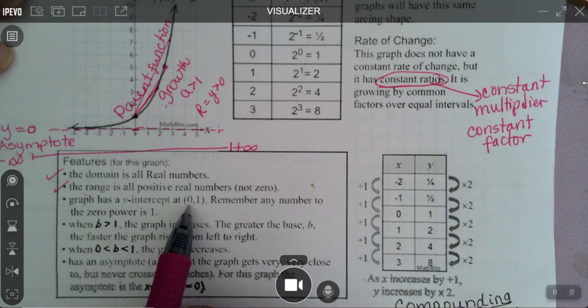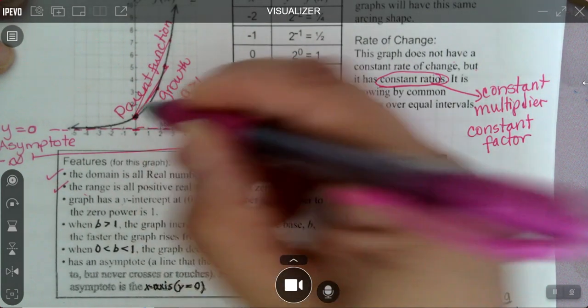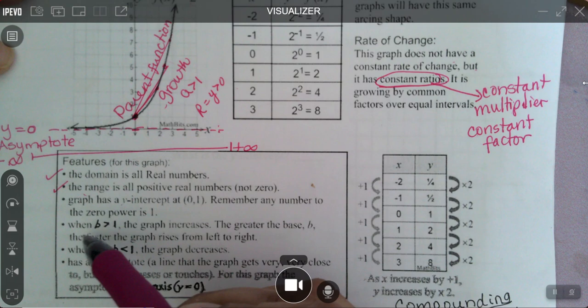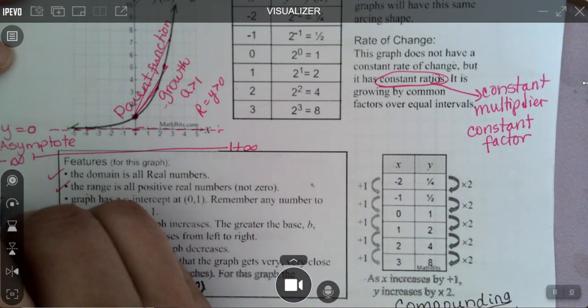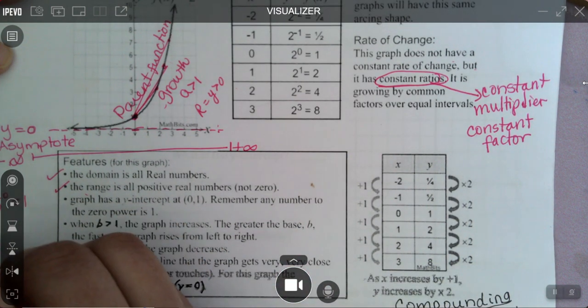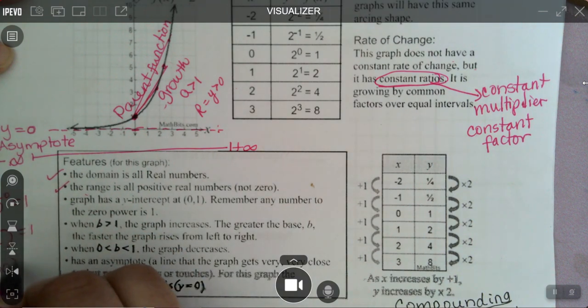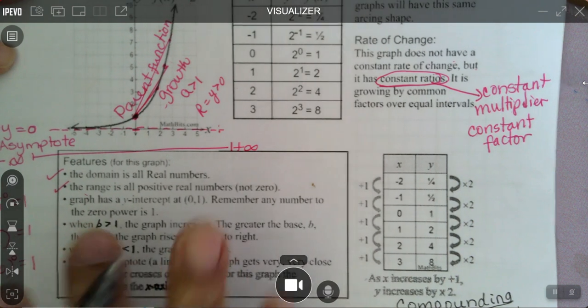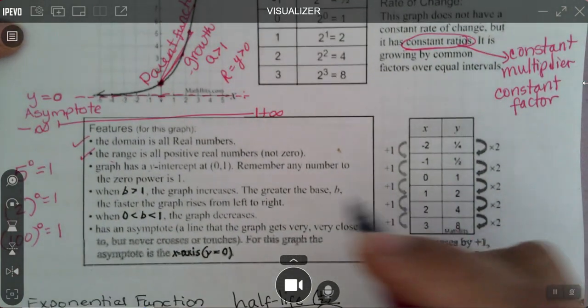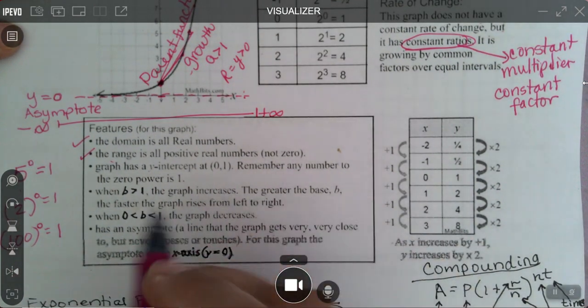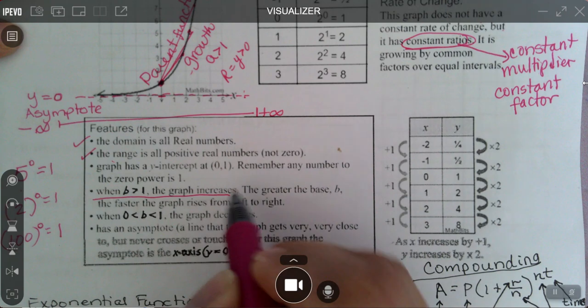Graph has a y-intercept at (0, 1). Remember, any number to the 0 power is 1, so 5 raised to the 0 is 1. 2 raised to the 0 is 1. 100 raised to the 0 is 1. When b is greater than 1, the graph increases, and by that we mean this.